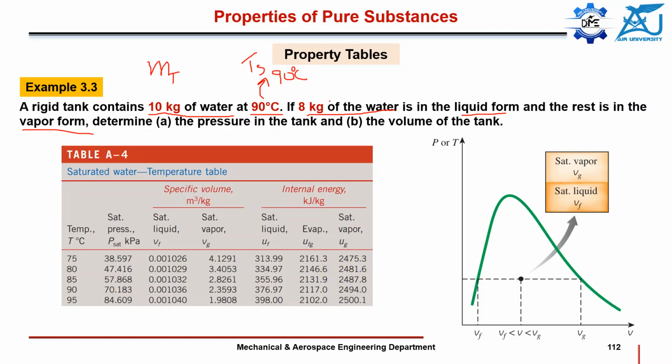If 8 kg out of 10 is liquid water, then 2 kg. So this is mf. Remember this f doesn't mean fluid; I say that by mistake. It is a Latin or Greek symbol representing liquid. So here the vapor form, mg, will be equal to 2 kgs.